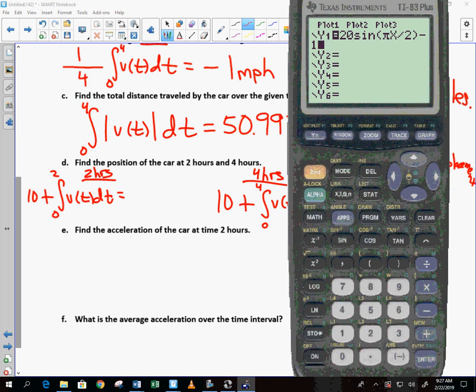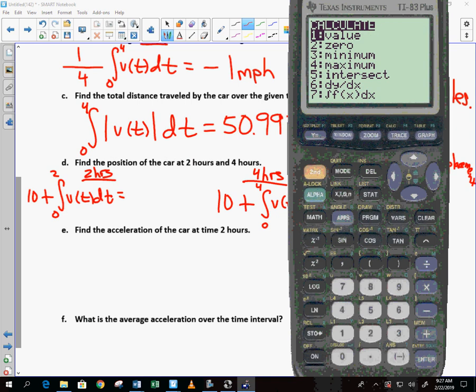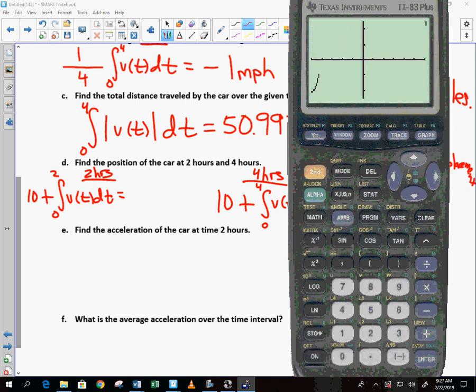That's the function I have. What do I press? Second, calculate, number 7. Now 0 to 2, and I have to add 10 to that, so it equals 33.464 miles.